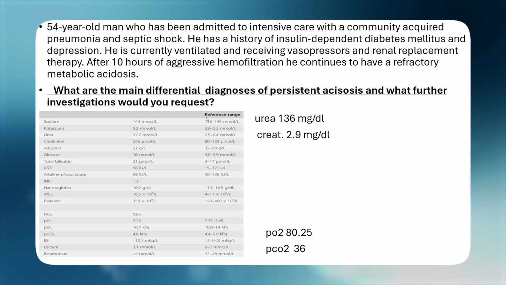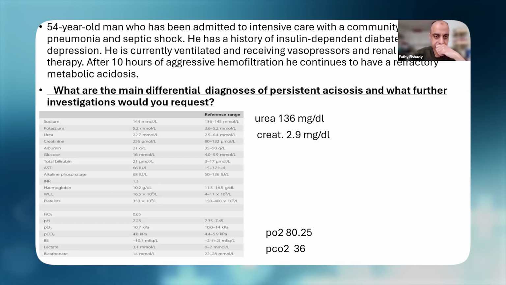We have the lab results. Because it's from an English book, I converted the units to milligram per deciliter for creatinine and urea, and from kilopascal to millimeter mercury for PO2 and PCO2, in case you are not used to those units.